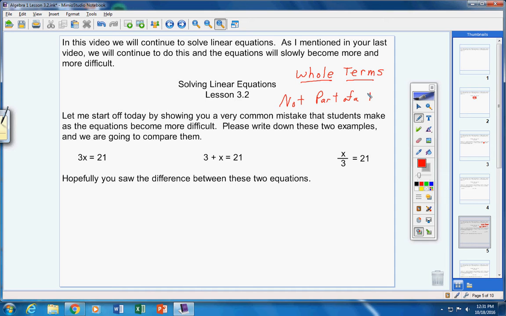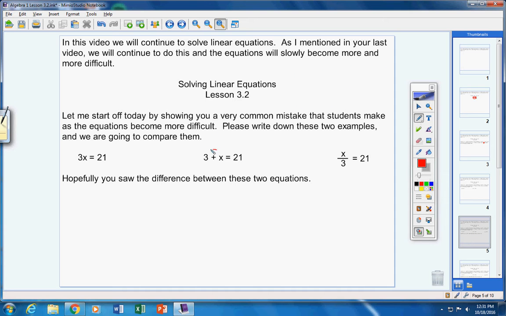Now you're seeing how math builds, because back in chapter 2 we talked about terms, and we talked about positives and negatives making a term. We talked about that in the last chapter, and now you're seeing why it's so important you understand that.